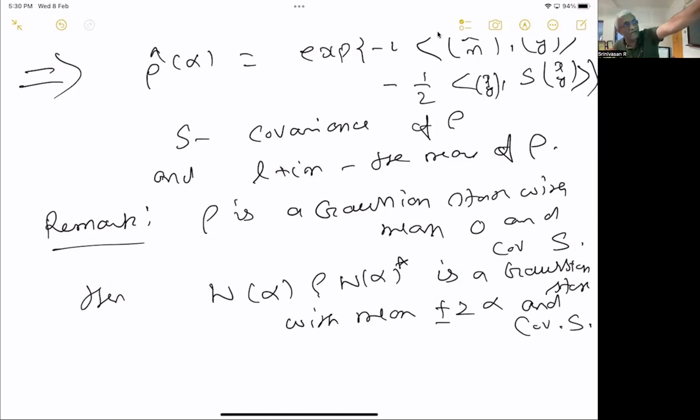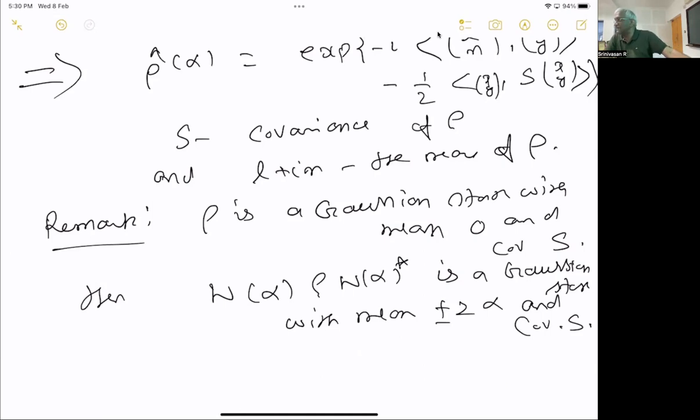So if we have a Gaussian state with mean 0 and covariance S, then for any alpha we can get a Gaussian state with mean alpha and covariance S. So our only problem is to see what the possible covariances S are. The means are expected, because we get all means.